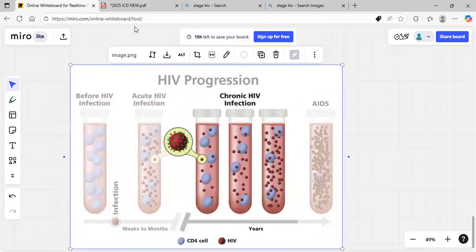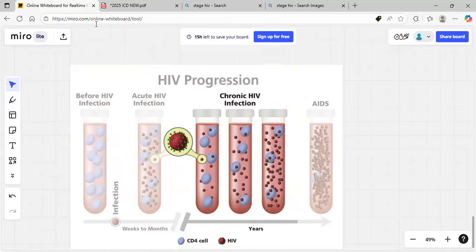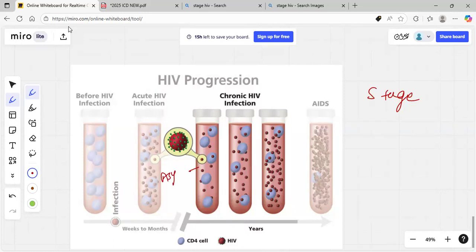So first, let's learn about the stages of HIV. The first stage is asymptomatic HIV. Asymptomatic HIV means that the patient does have the HIV infection in her or his blood.